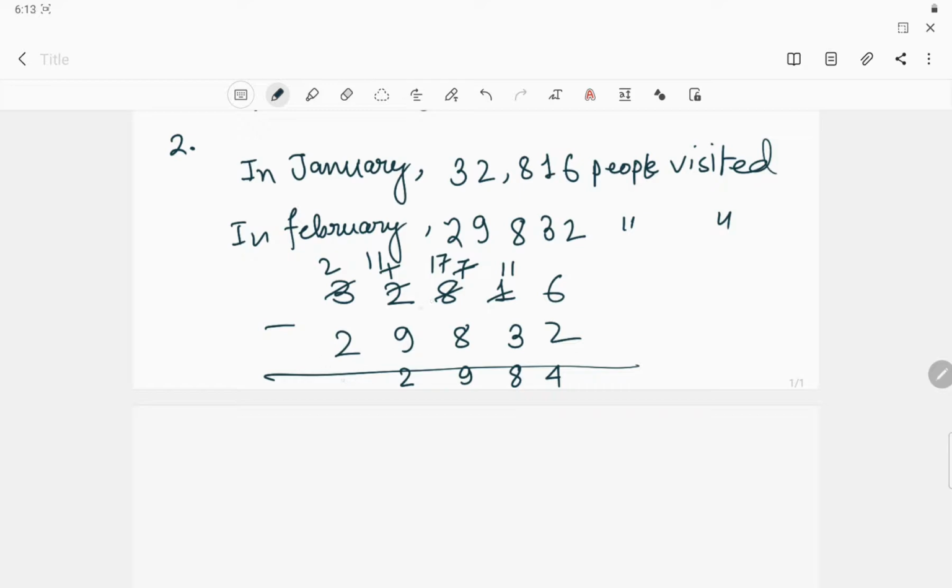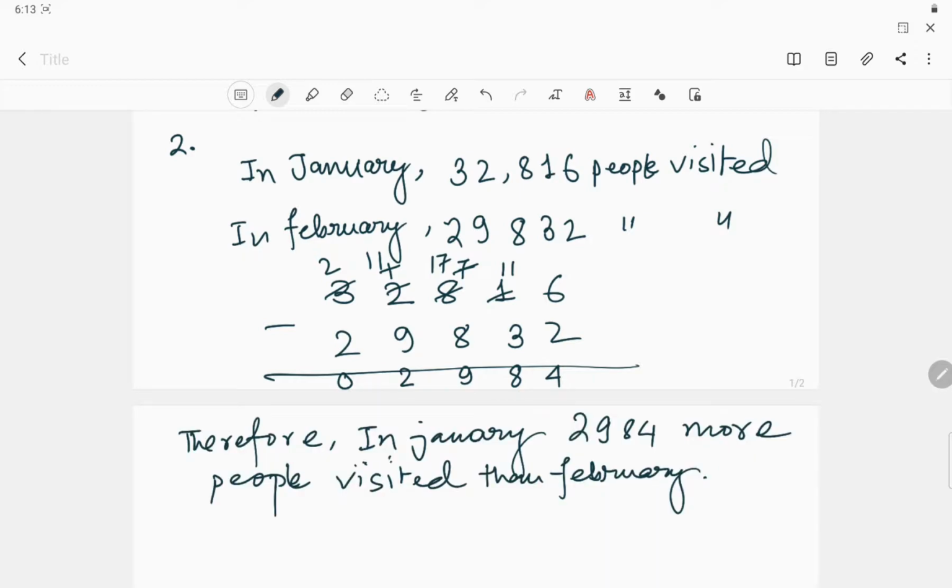So the answer will be 2,984. Therefore in January 2,984 more people visited than in February.